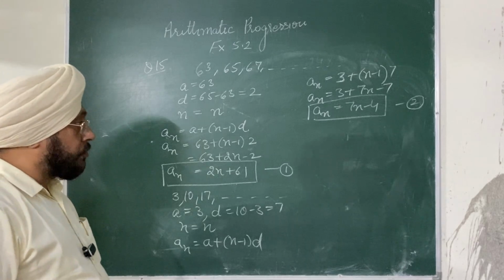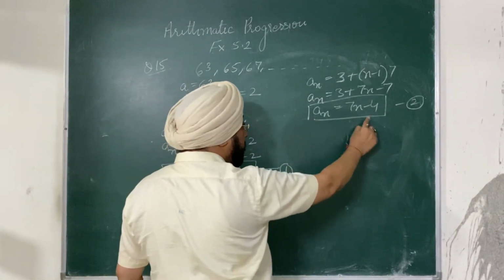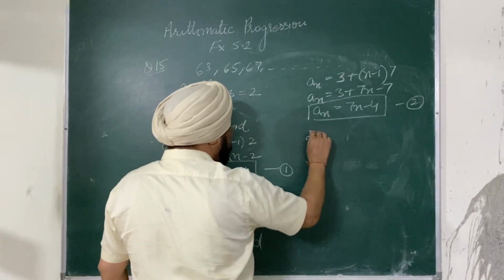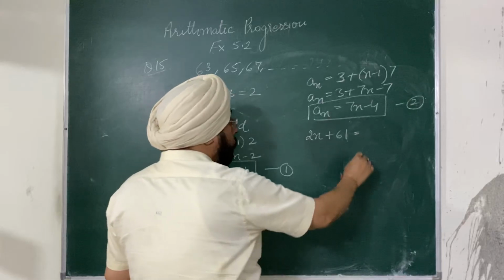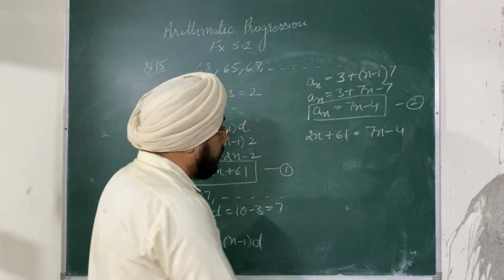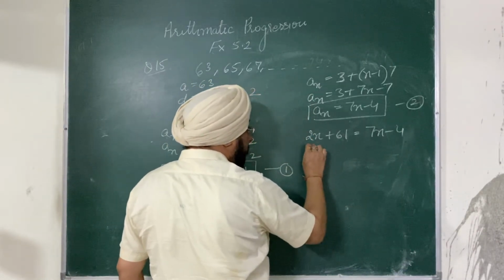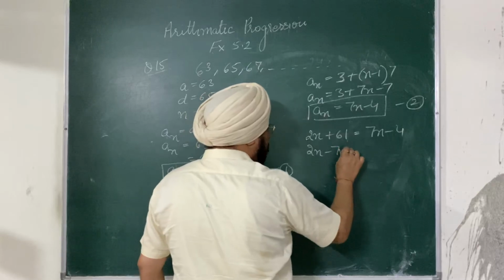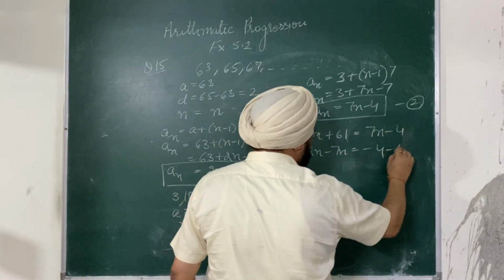Now according to the question, the nth term in the first case and the nth term in the second case are equal. Means 2n plus 61 must be equal to 7n minus 4. Now find the value of n here. Bring this 7n to this side and bring this positive 61 to that side.